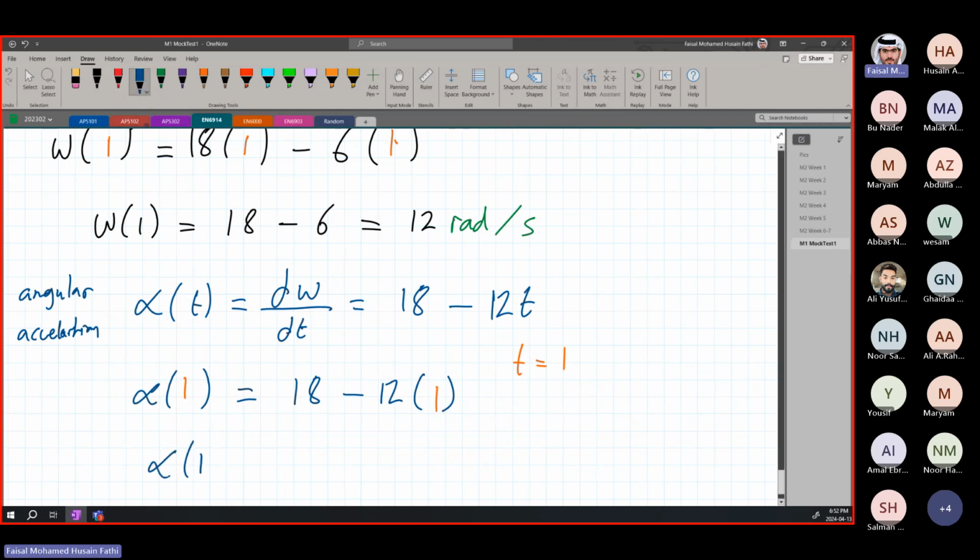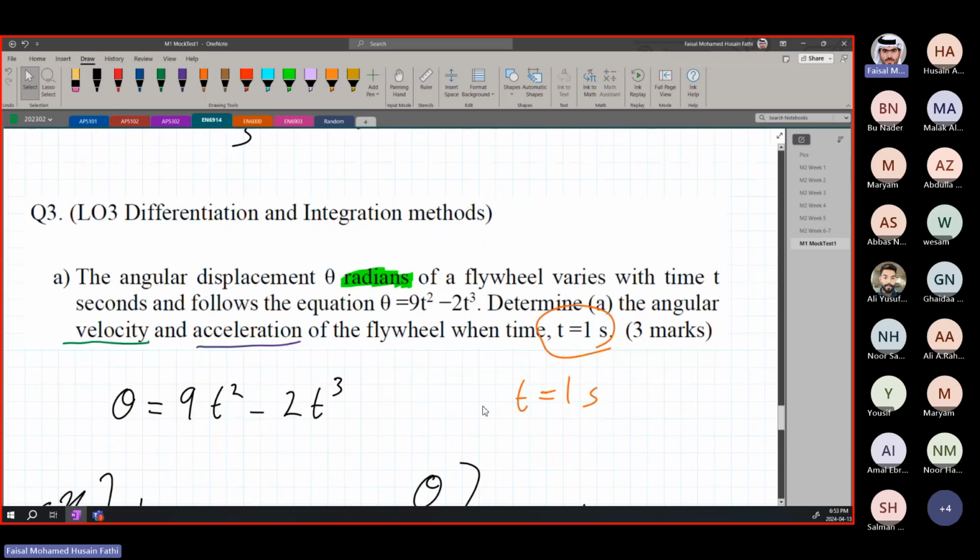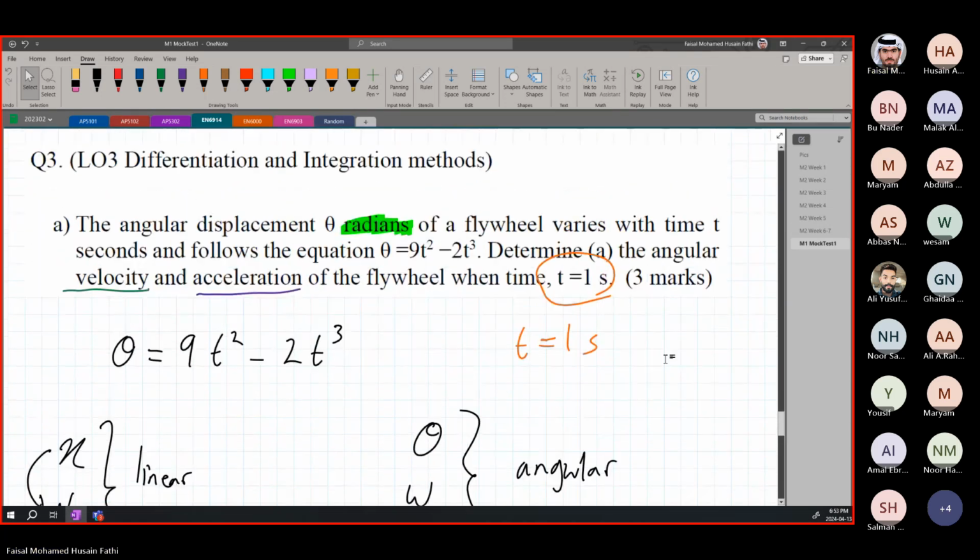So alpha of 1 is simply equal to 18 minus 12, which is 6. And the unit is radians per second squared. And remember, acceleration is meters per second squared. So the unit of it is going to be radians per second squared. And this is how you would solve such a question. All right? Is it clear?